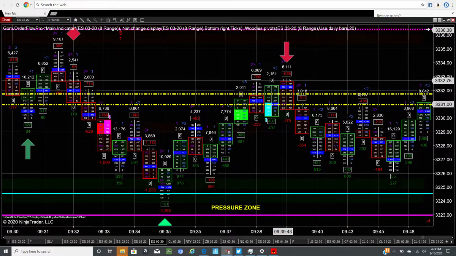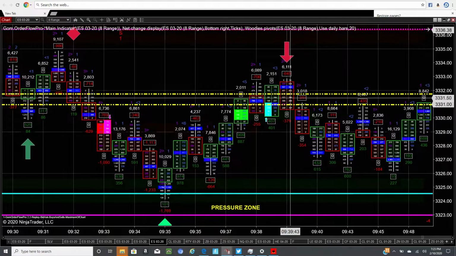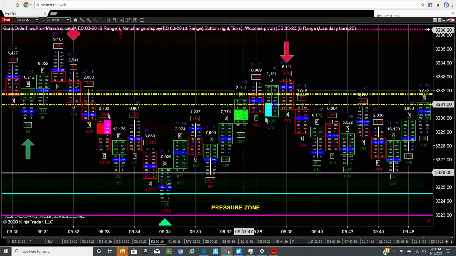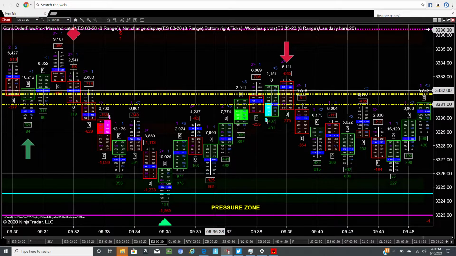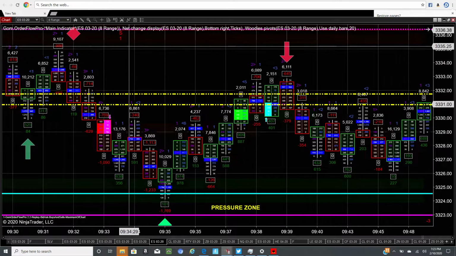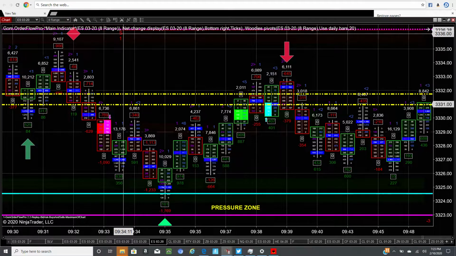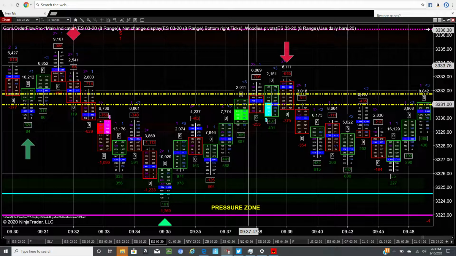So then we have a sell up here at the yellow zone. Once again, this is all going to be based on the pressure zone, the yellow zone, and these Woody's pivots. And you're only going to take either a hybrid or a divergence at a point where there's either a yellow zone, a pressure zone, or a Woody's pivot.